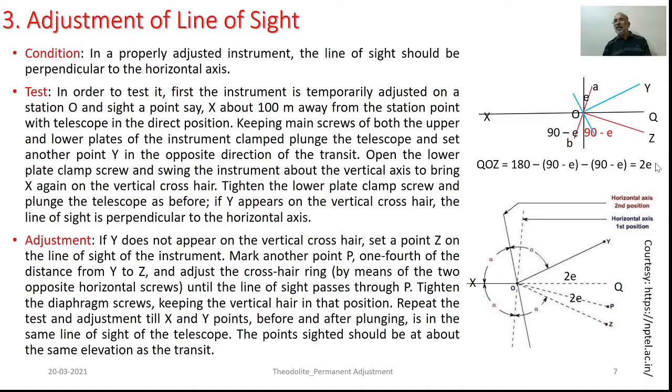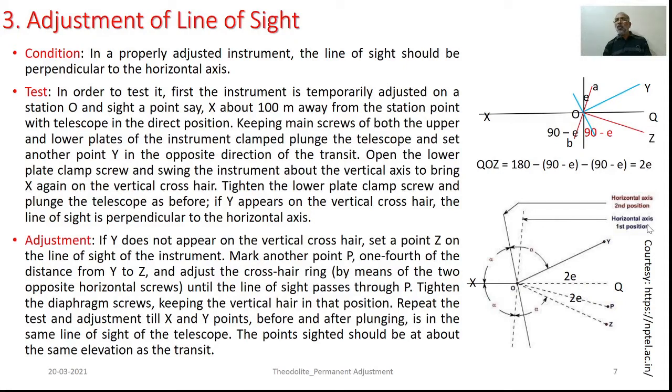As such, here, with the face left condition and with the face right condition, as the markings Y and Z are done, the total distance between the stations Y and Z as marked would be 4E.